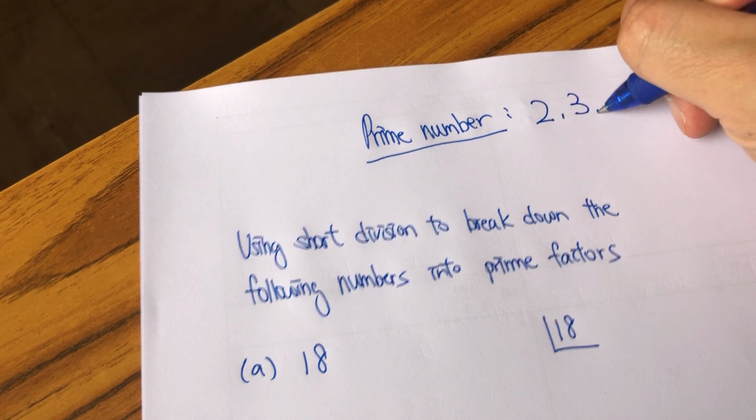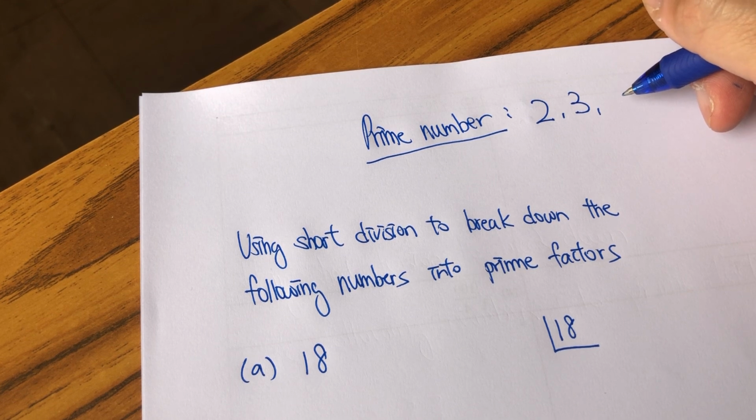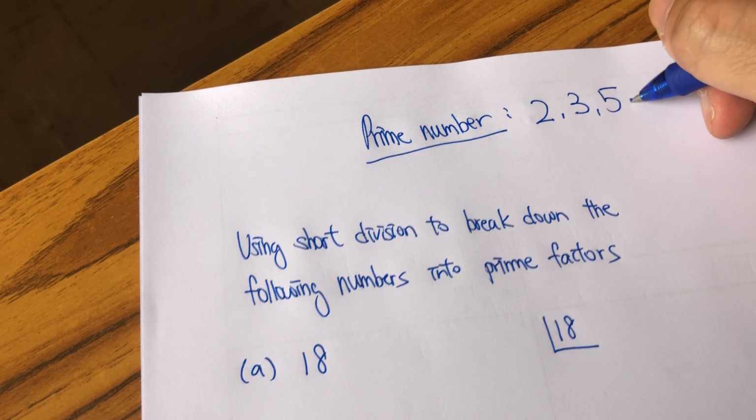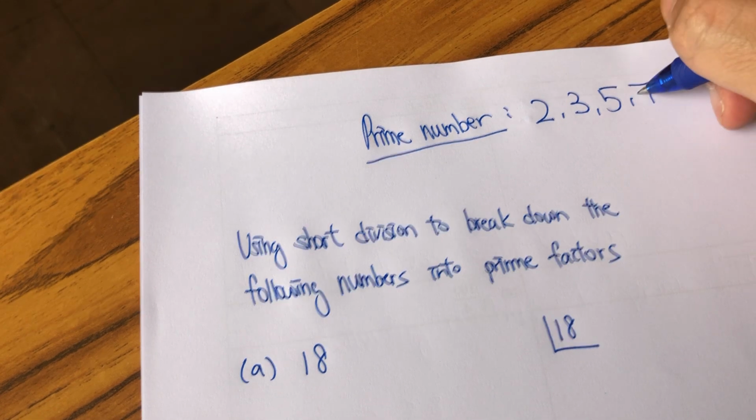And then 3. Is 4 a prime number? No, 4 could be divided by 2. So 4 is not a prime number. What about 5? Yes, 5 is a prime number. What about 6? No, 6 also could be divided by 2. All the even numbers could be divided by 2. Therefore, 6 is not a prime number. What about 7? Yes, 7 is a prime number.